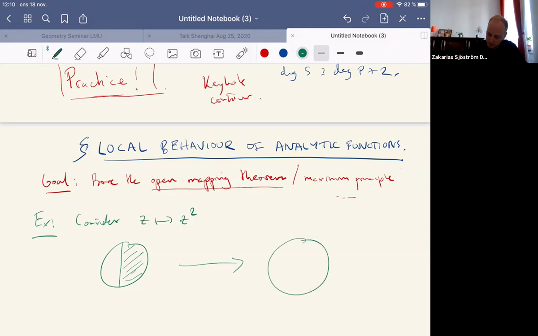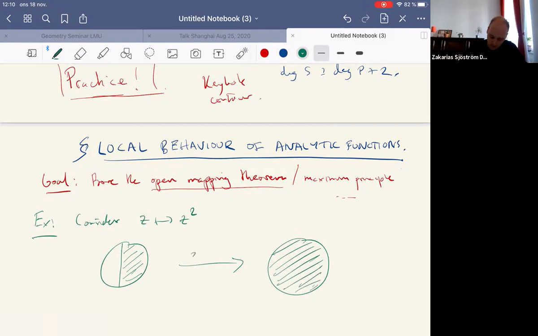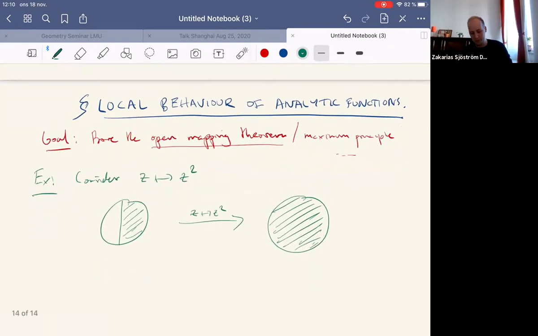It will map half the disk to the full disk without the origin, right? By z goes to z squared. And even more generally, if you map the whole disk, then you can view it as going around twice and so on.